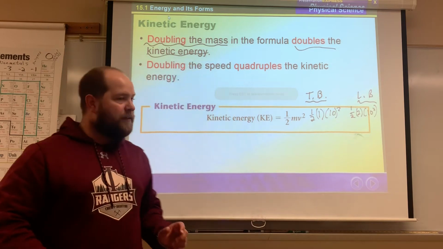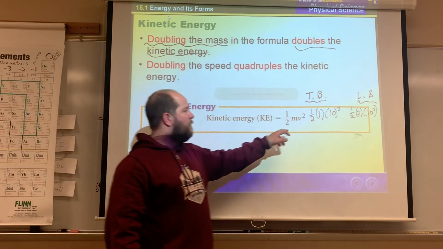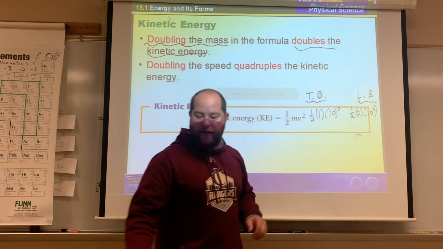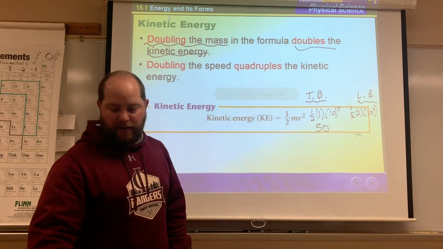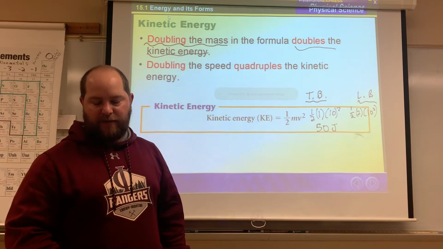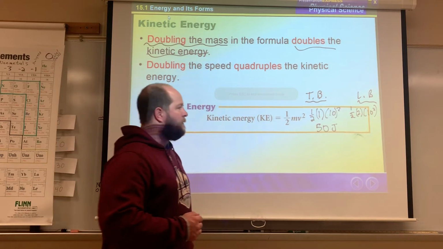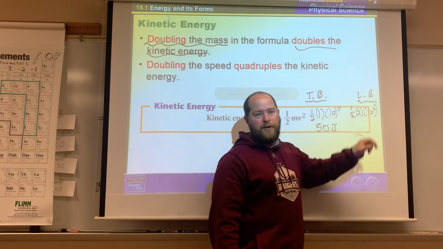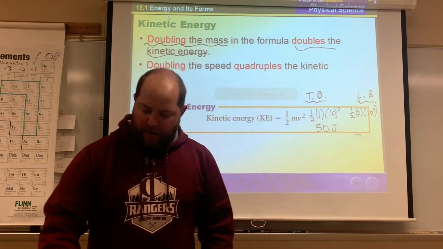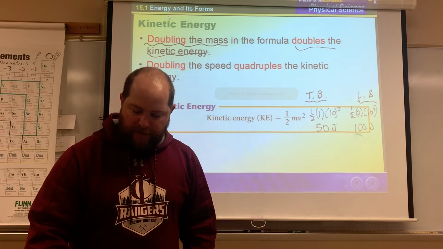If you do the math, this would be 1/2 times 100. So the tennis ball would have 50 joules of kinetic energy. Let's look at the lacrosse ball. 1/2 of 2 is 1, times 100 would be 100. So there is the proof right there.